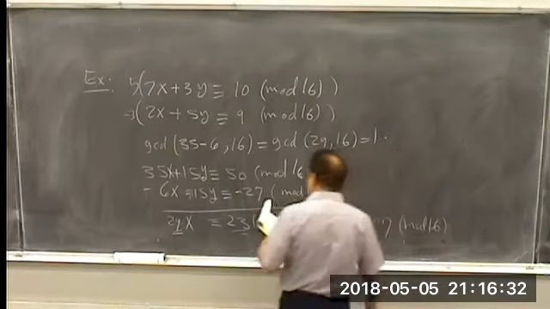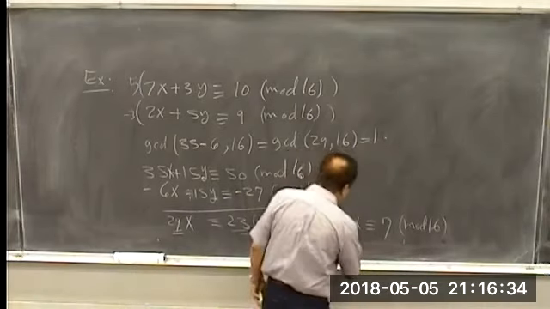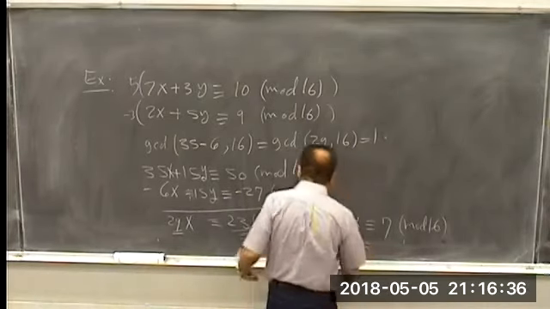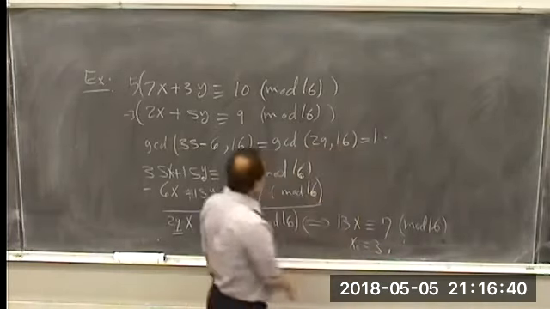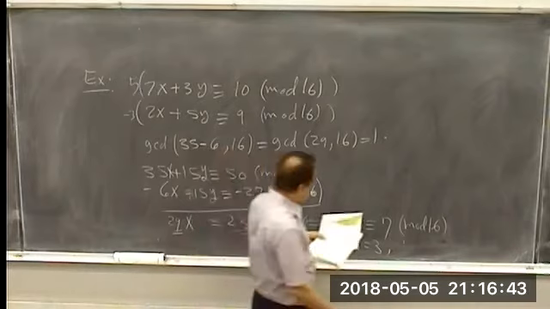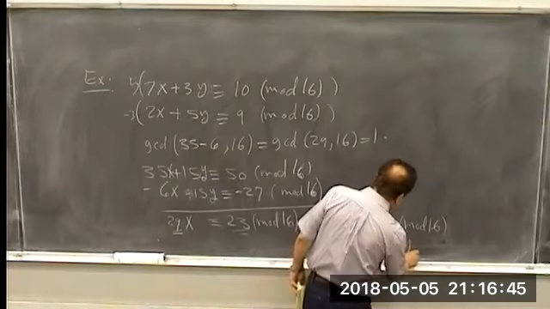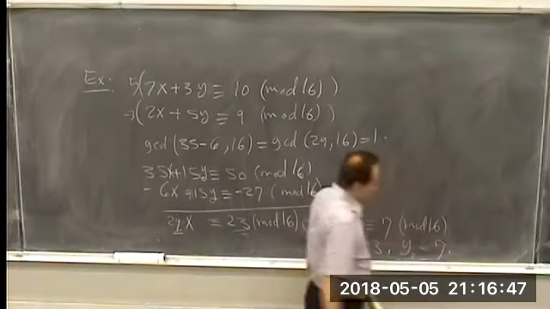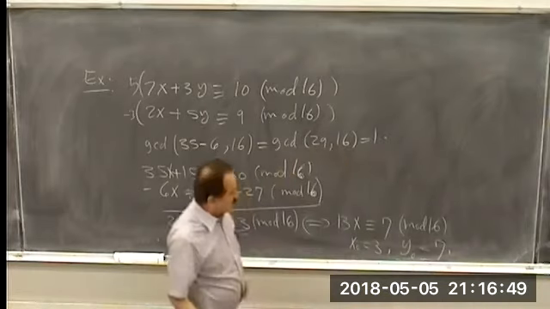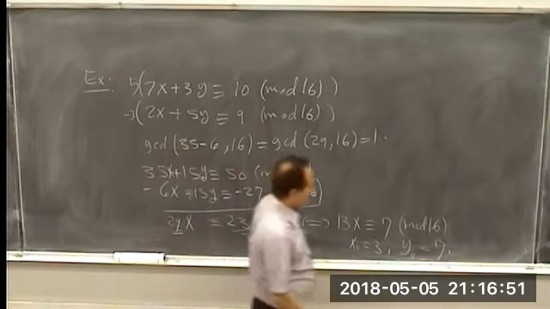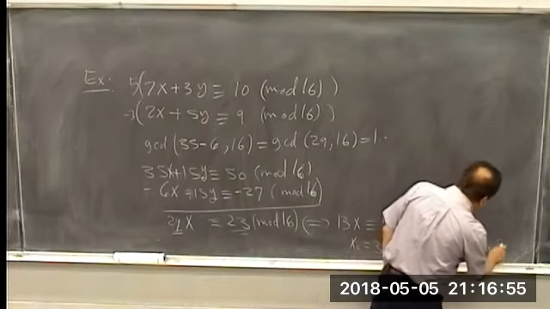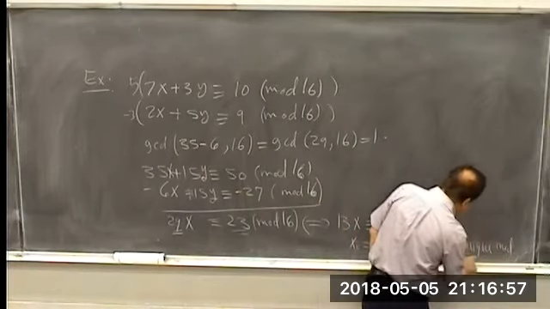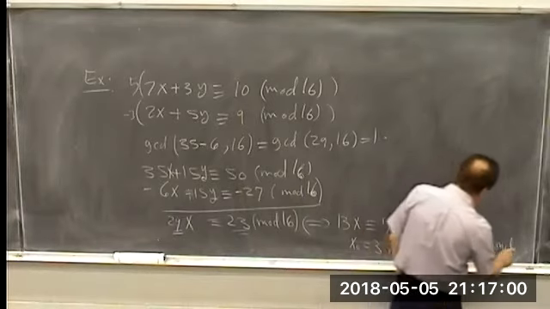And you can find a solution for this: x sub 0 is going to be equal to 3. Similarly, when you eliminate x, you find that y sub 0 is equal to 7. And this is the unique solution mod 16.